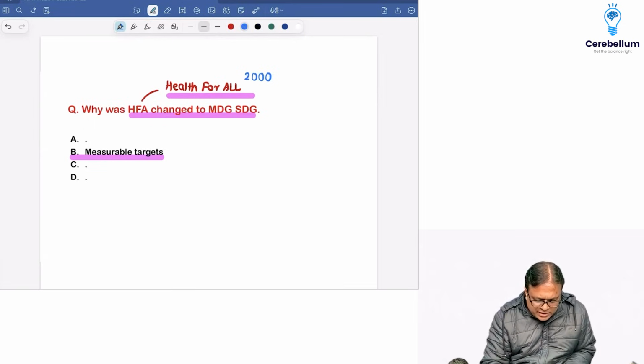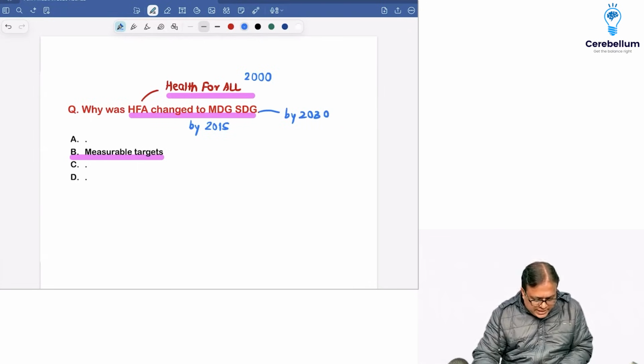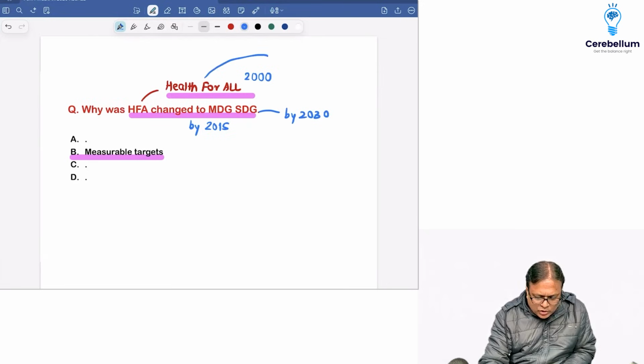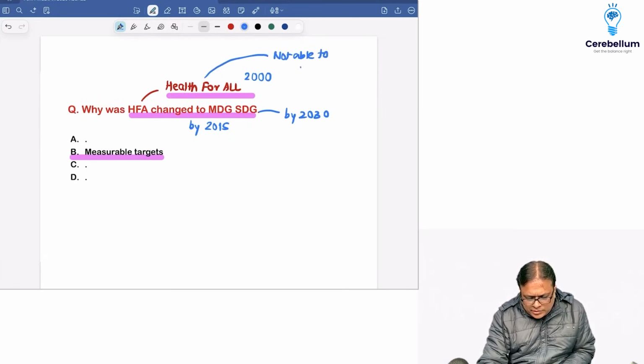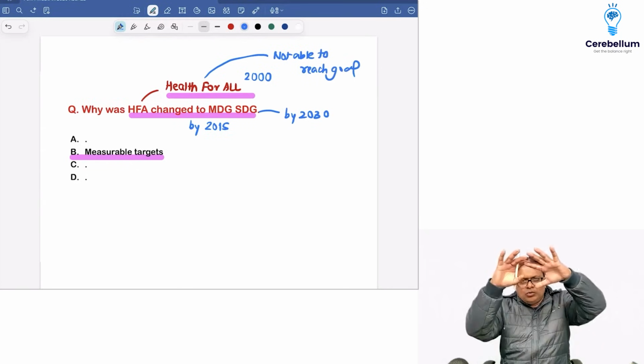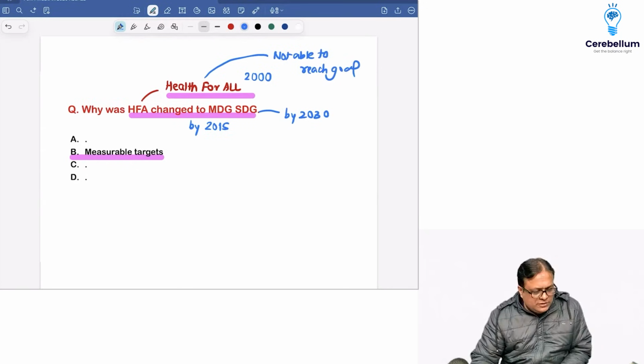Then we decided to make it more specific: MDG by 2015, SDG by 2030. Health for all was not able to reach its goal, so they broke it down into targets easy to achieve.